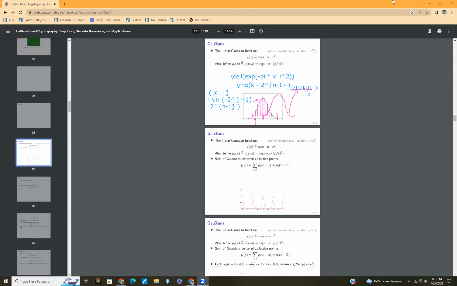So that's why you're computing rho of k minus 2^(n-1). And that's going to be this exponential function. So in your classical circuit, you would figure out what that value is for each of the k's.